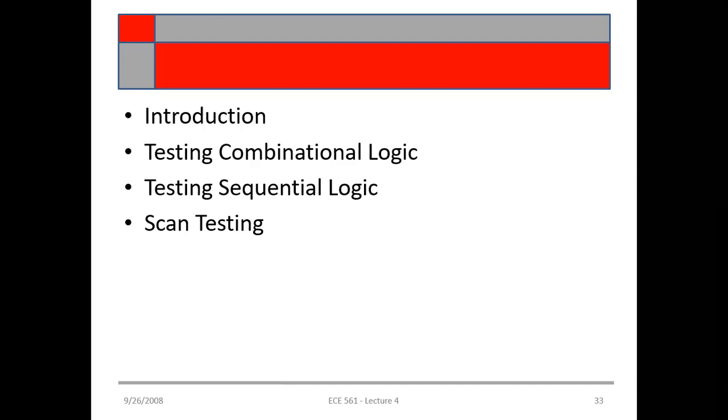If the input to a gate is shorted to ground, the input acts as if it is stuck at logic 0. If that input is shorted to the positive power supply, then the input to the gate is always at logic 1, and we call this stuck at 1.